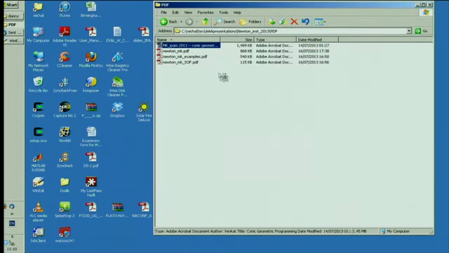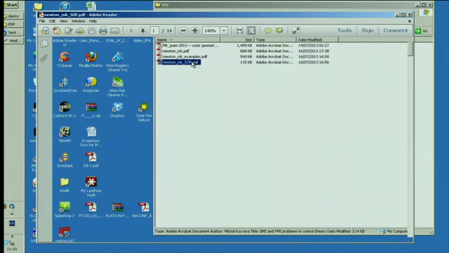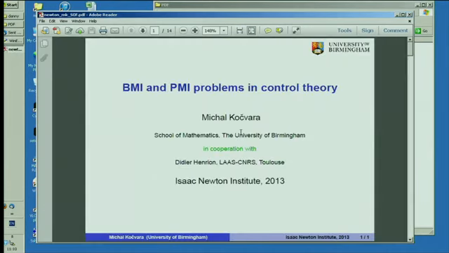So now let's go to polynomial optimization, because that's a conference on polynomial optimization. This is an application where we need bilinear and higher order nonlinear SDPs.